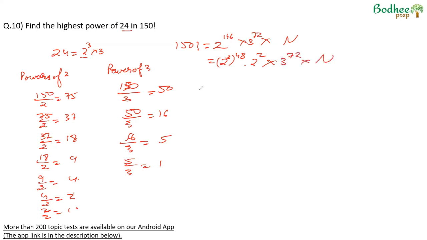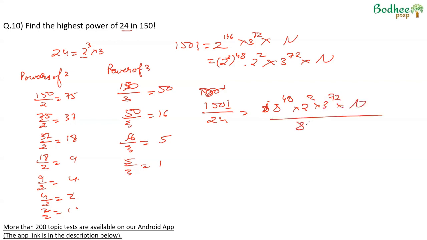Now, if we have to divide 150 factorial by 24, basically we are dividing 2 raised to power 3, which is 8 raised to power 48, into 2 raised to power 2 into 3 raised to power 72 into n, upon 8 into 3. Clearly, the limiting factor is for 8, which is 48, and therefore the highest power of 24 that will divide 150 factorial will be 48.